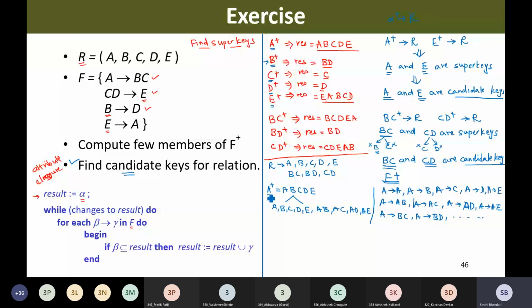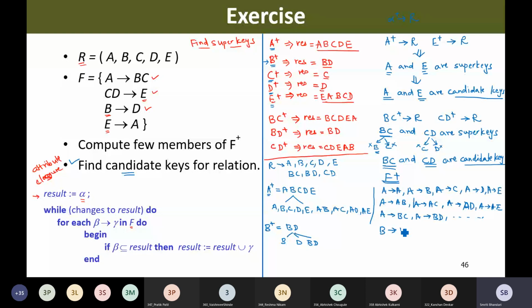Similarly, if we consider B plus equal to BD, what are the subsets? We may have B, we may have D, we may have BD, and so on. So we may add the members of F plus as B determines B, B determines D, B determines BD.